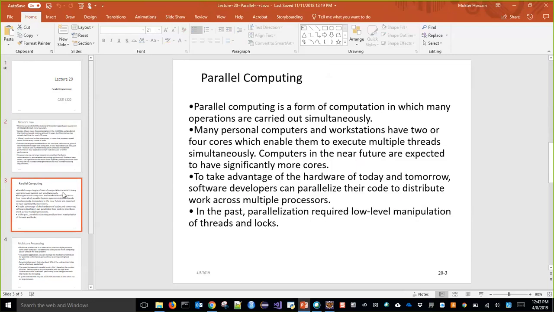So parallel processing, or parallel computing, has some advantages. Actually, we already realize those advantages when we use our computer. Almost everyone does multiple tasks. Sometimes we browse websites, in parallel we listen to music, or sometimes we work on an editor, like we do programming.